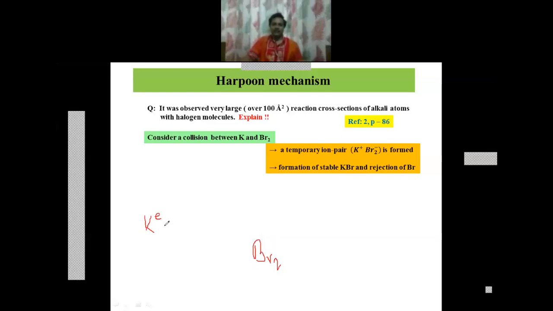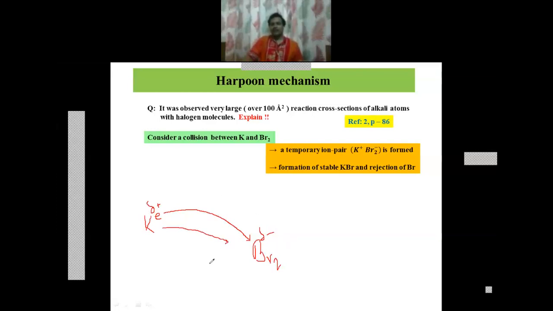So what can happen is that this electron of potassium, from a large distance, can be donated to the bromine. Once it donates this, we get a negative charge here and a positive charge here. Once this charge separation takes place, it is the Coulomb interaction which brings them closer, right.